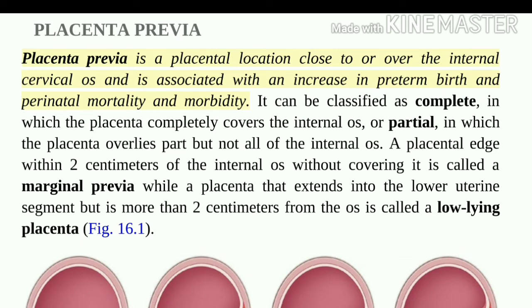Because the placenta is not attached to the fundal part; the placenta is at the lower end of the uterus. So when we palpate the upper part of the uterus, we can feel that it is relaxed and smooth. E is for episodes of bleeding, V for visible bleeding, I for intercourse-related bleeding.